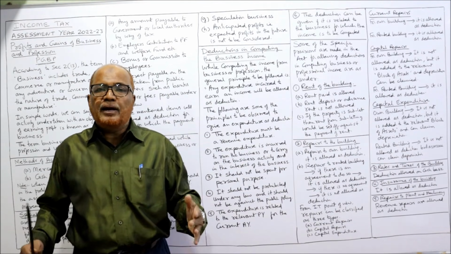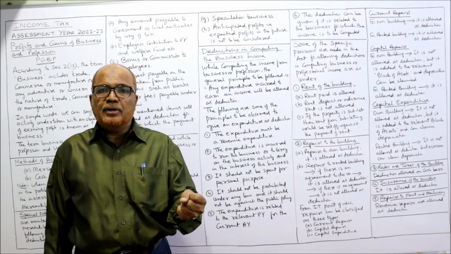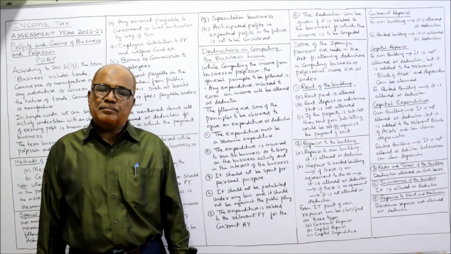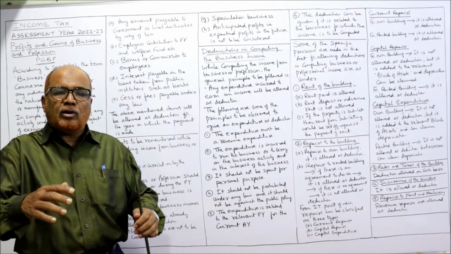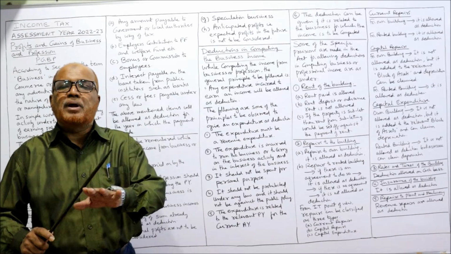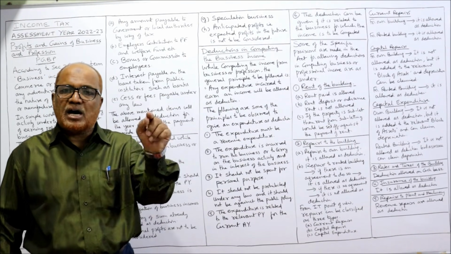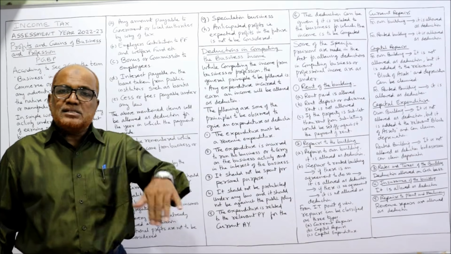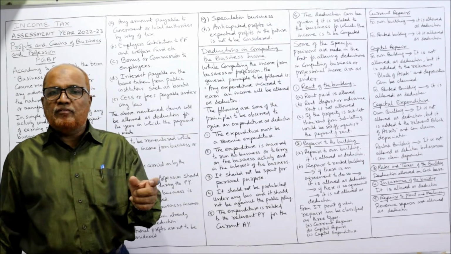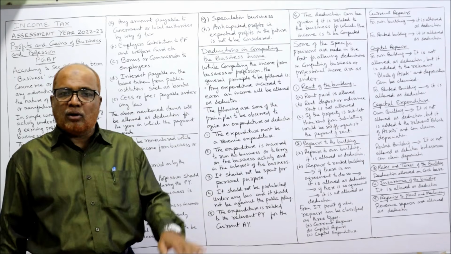It is prohibited by law. Now a business says that in order to run the business, we have given a bribe to the officials. The Income Tax Act says the bribe given is not allowed because it is prohibited by law. It is against the public policy. So any amount paid which is prohibited by law is not allowed.